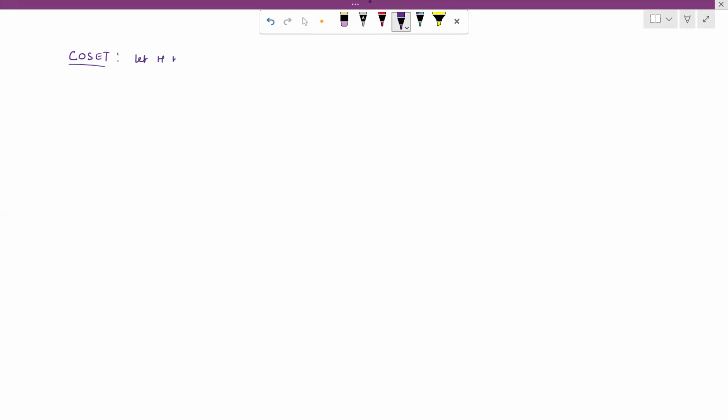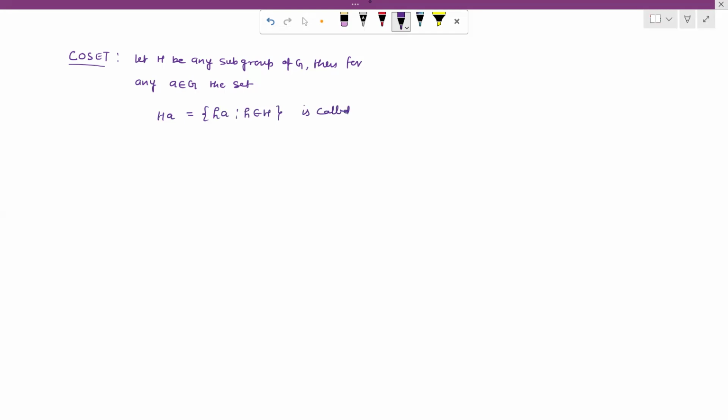So let H be any subgroup of G. Then for any element, we consider a which belongs to G. The set Ha, equal to ha such that h belongs to H, is called the right coset.